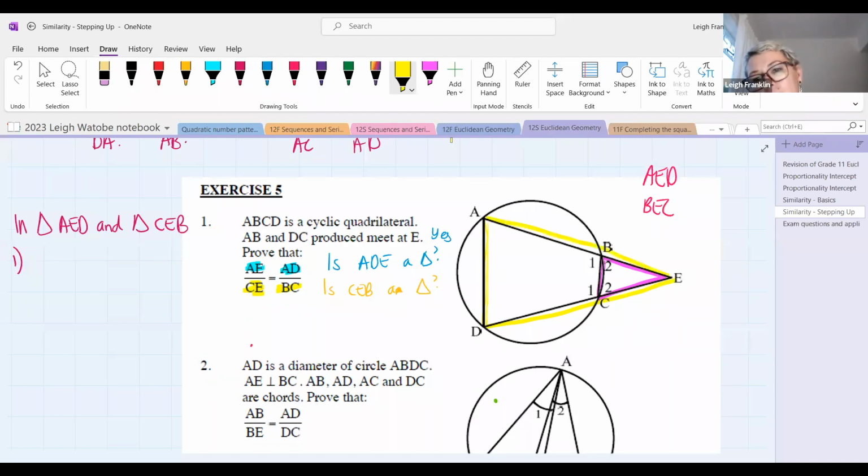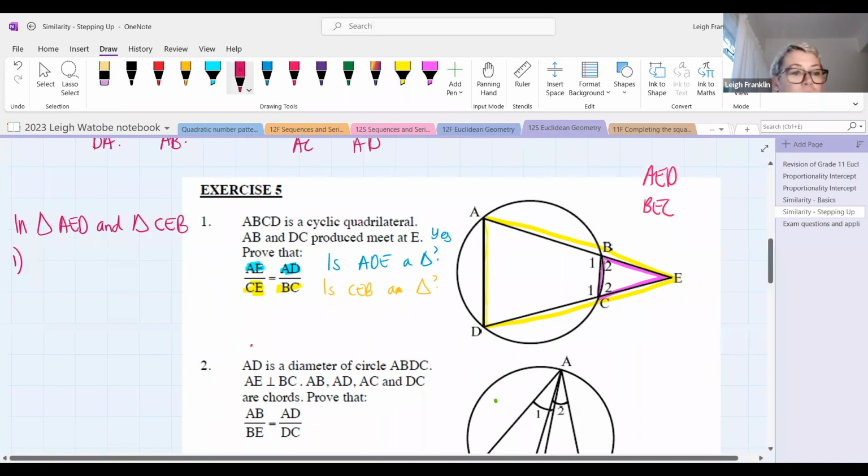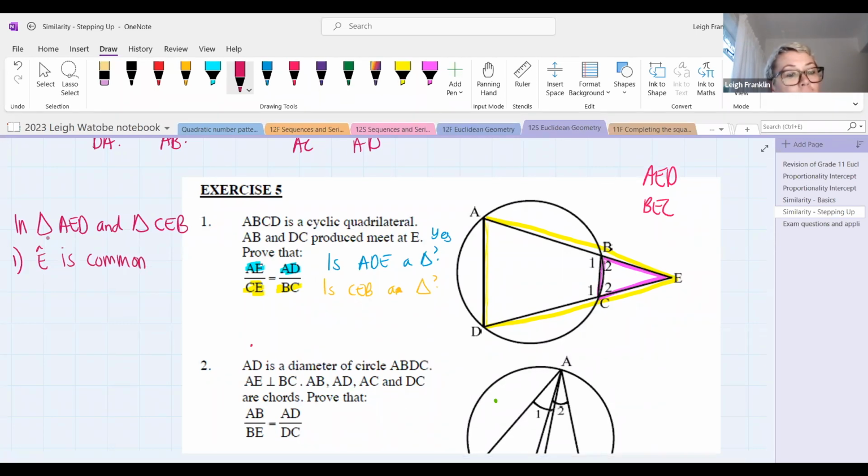That little pink triangle is nestled inside, and quite right, they share angle E. I don't know if the rest of you saw that, but in the chat, Nkoniza said, would the reason for E be common point, common angle? That's what Nkoniza means, and yes, you are correct. So here we could say that E is common.